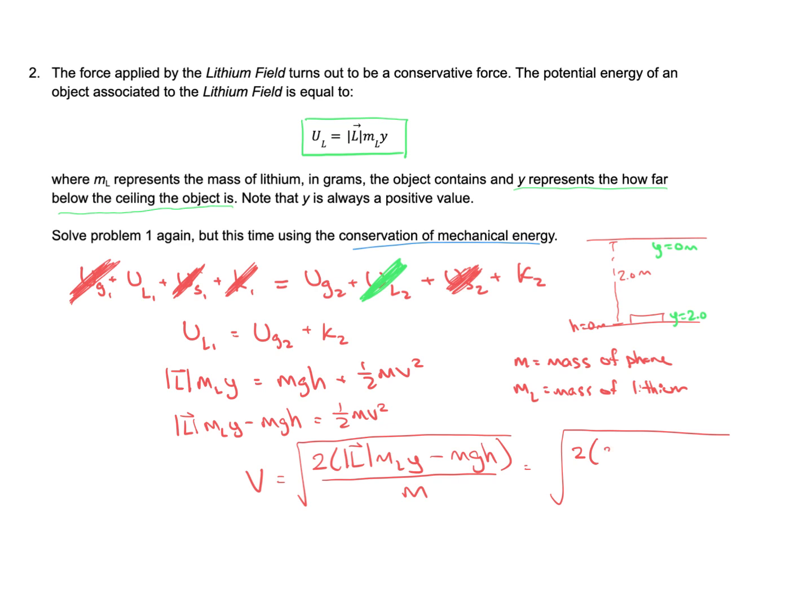So we have 35 times 2.2 times 2, minus 0.25 for the mass of the phone, times 9.8, times 2 as well. The height is 2 at the ceiling. And divide all that by 0.250, and hopefully we get the same answer as we got in the previous question.